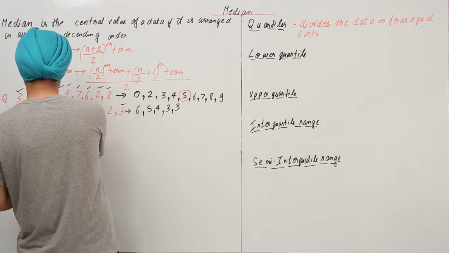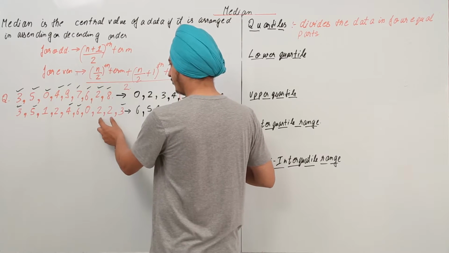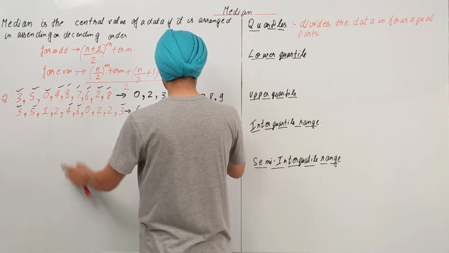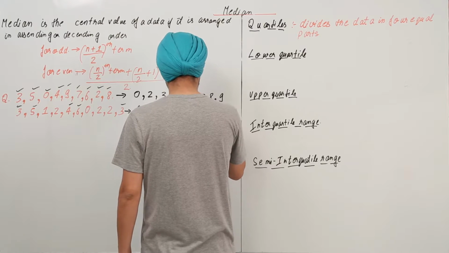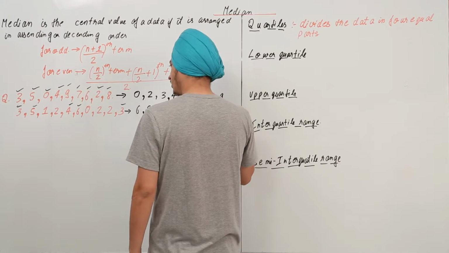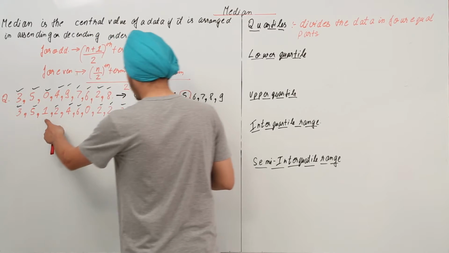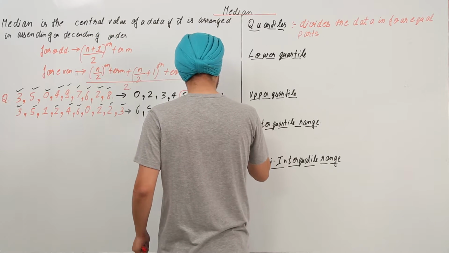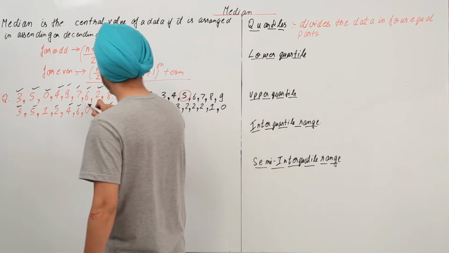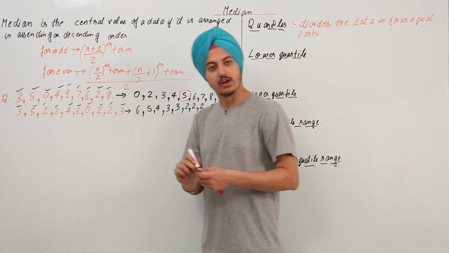Now 3 and 3 done, and we have 2 thrice: 2, 2 and 2, okay, and then we have 1 once and 0 once. 0 and 1 are also done. So all of the numbers are done.